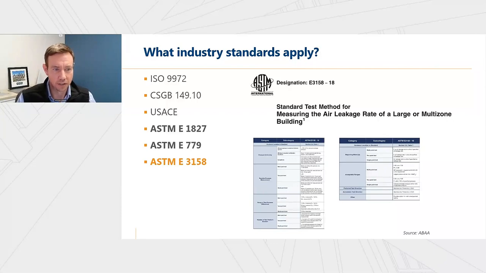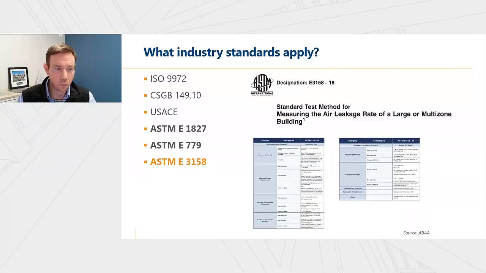The Air Barrier Association of America, or ABAA, has made these summary tables. They're hard to read here, but we've put in some images that are good to reference. They summarize the testing requirements in these standards. This is for 3158.